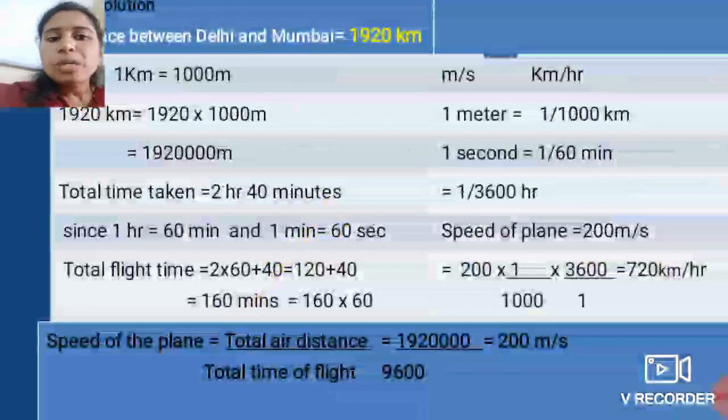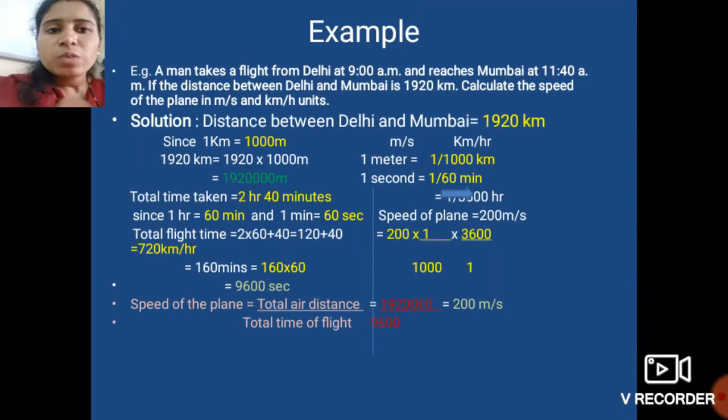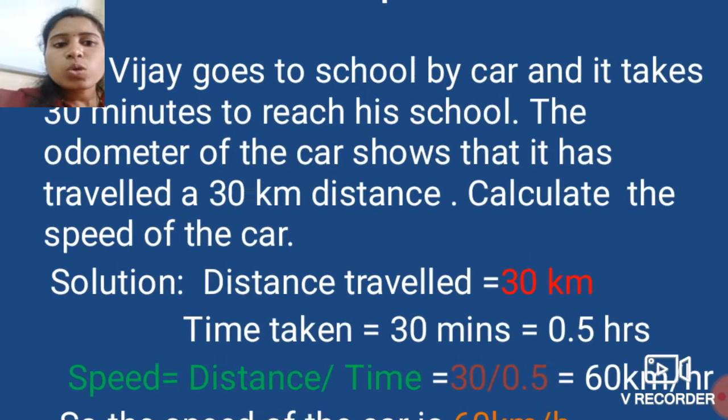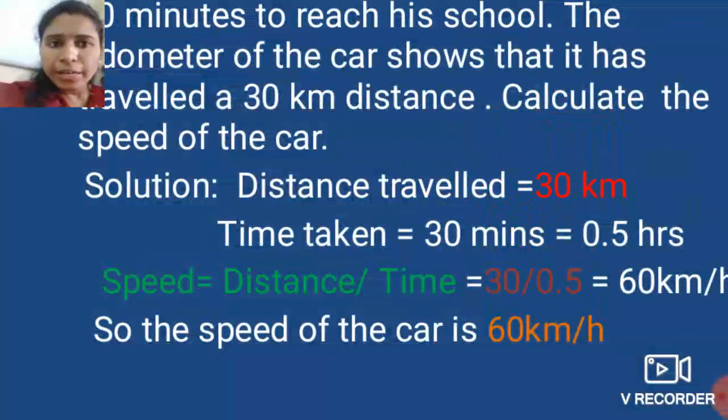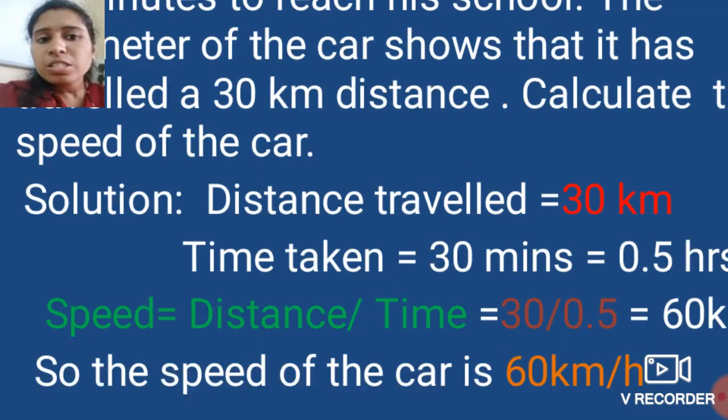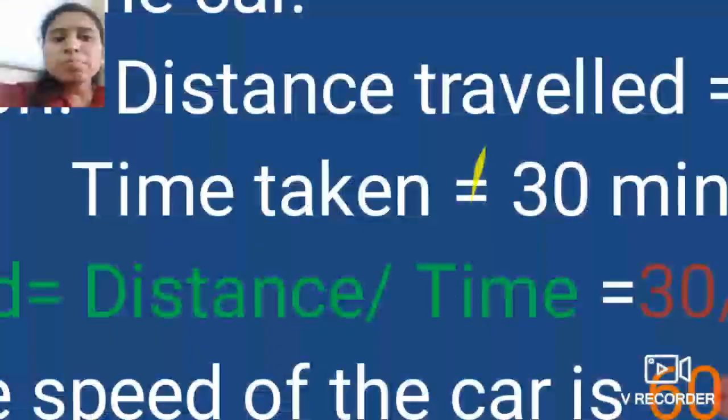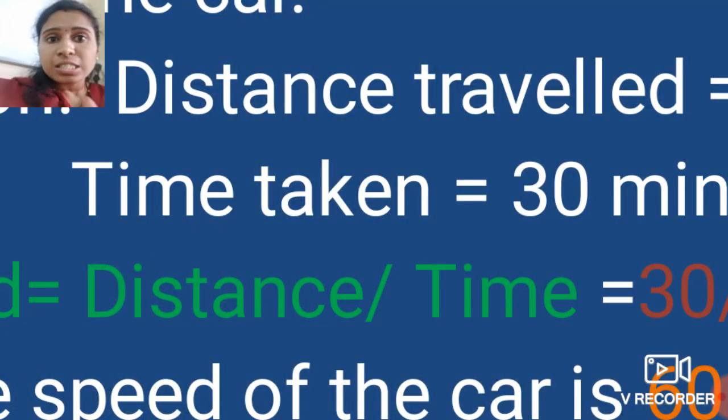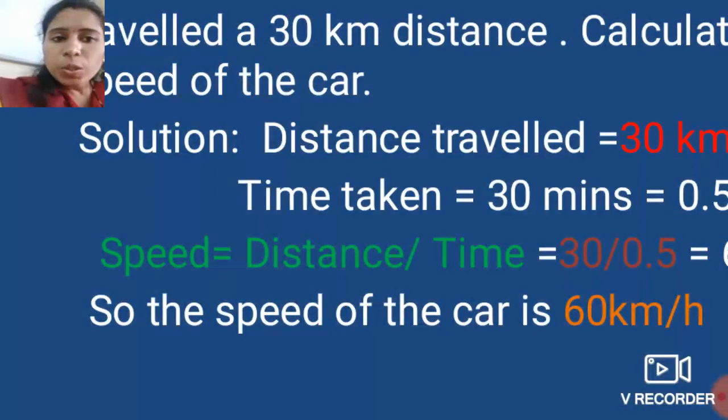We calculated speed, the speed of the car. But in this example, we have been given speed and time, but we have to calculate distance. So all of you know the formula, speed is equal to distance upon time.